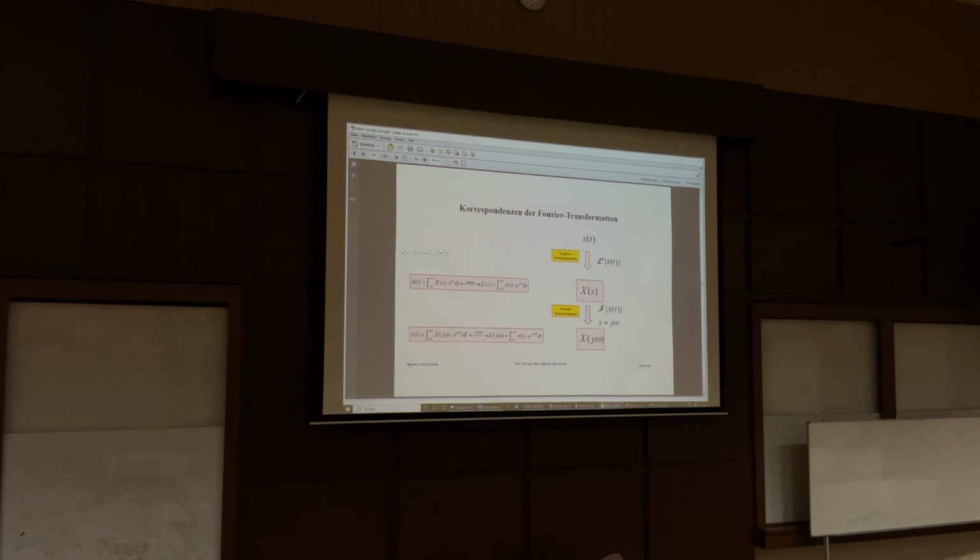That was our Laplace transform, and if we just put S equal J omega, which we did already in the Bode diagram, then we have our Fourier transformation. It's exactly the same formula. Instead of S, we have J omega. Therefore, I said at the very beginning when we introduced the Laplace transform, if you look at the y-axis, S equal J omega, that is the Fourier transform.